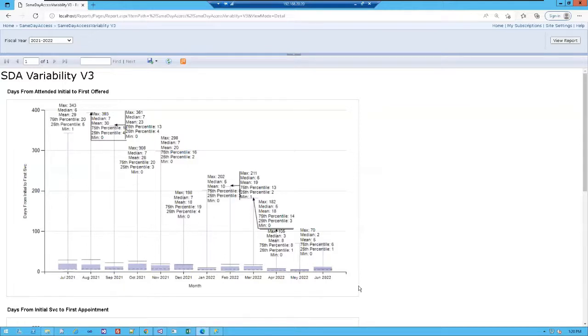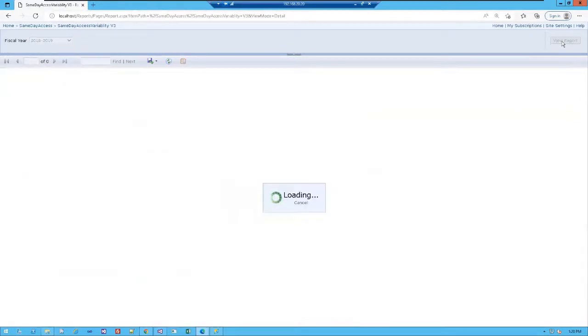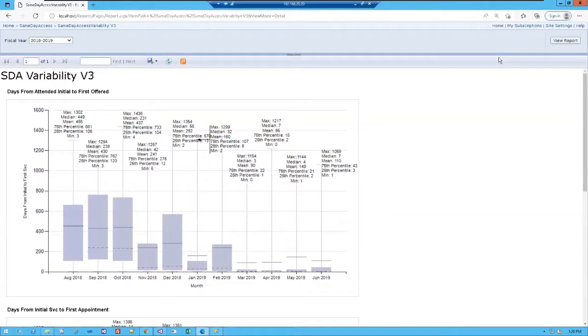And that's very important. Now, this looks really good, but if we drop back to 2018, 2019, when we started tracking this, we'll run it for that fiscal year, and you can see that this agency wasn't doing so well. Now, I could do this in a crosstab report, but it's much more revealing to do it like this, where I can show it in this quartile fashion with this box and whisker chart.